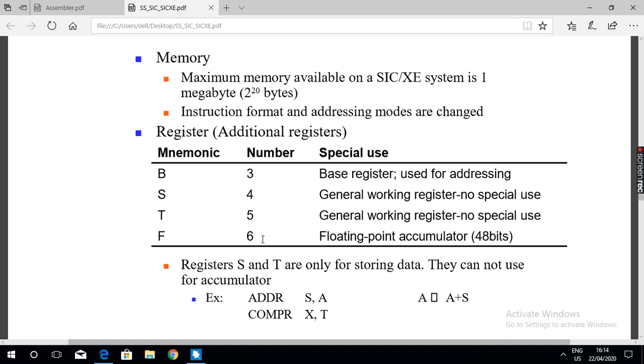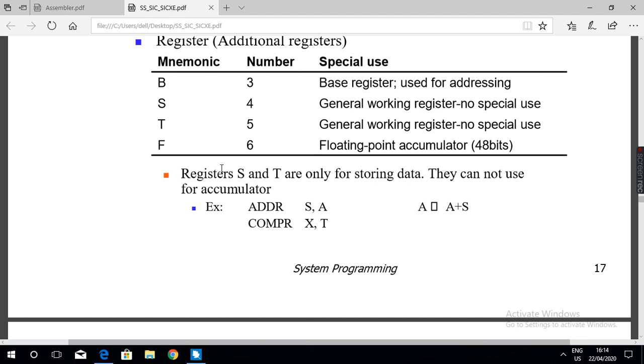So in addition to the 5 registers of SIC, SIC/XE has 4 additional registers. Registers S and T are general working registers. They are meant only for storing data. They cannot be used as an accumulator to store the result.